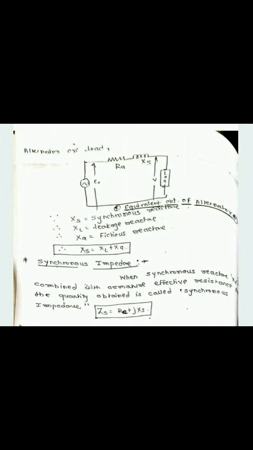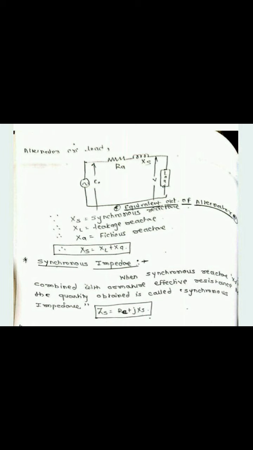Another important parameter in concern with the alternator is called the synchronous impedance. What do you mean by synchronous impedance? The fundamental concept of impedance is resistance plus reactance. In concern with an alternator or synchronous generator, there is the concept of synchronous impedance. When synchronous reactance XS is combined with the armature effective resistance, the quantity obtained is called the synchronous impedance.